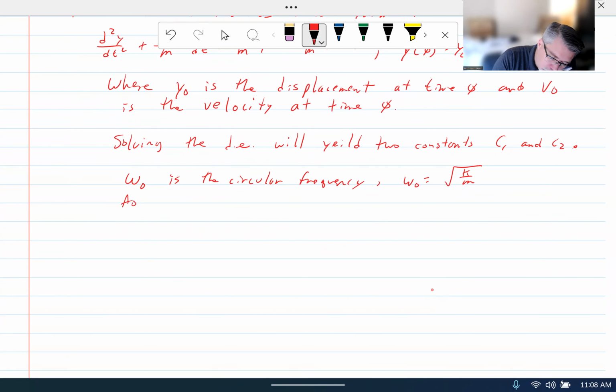A naught is the amplitude of motion, and it is A naught equals the square root of those two constants, C1 squared plus C2 squared.